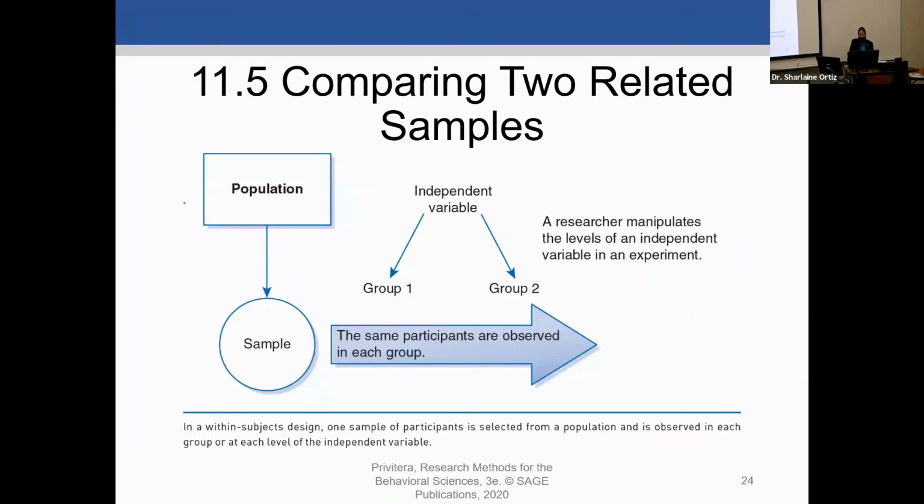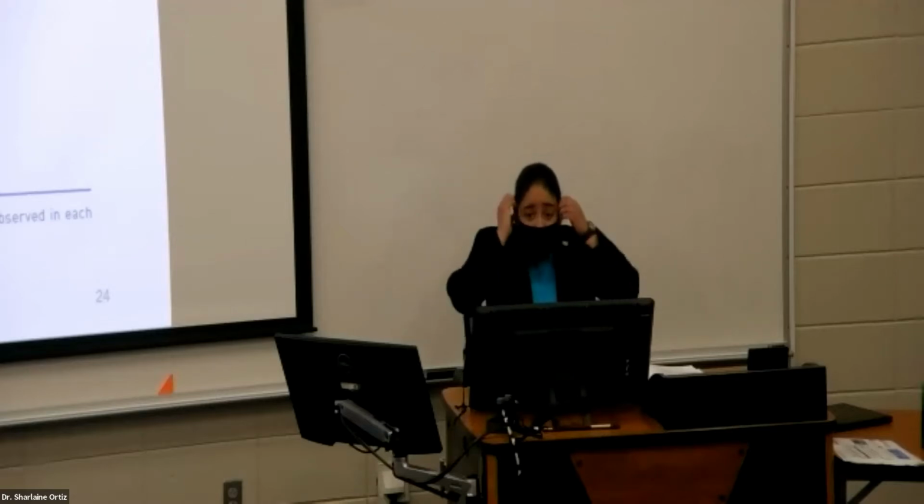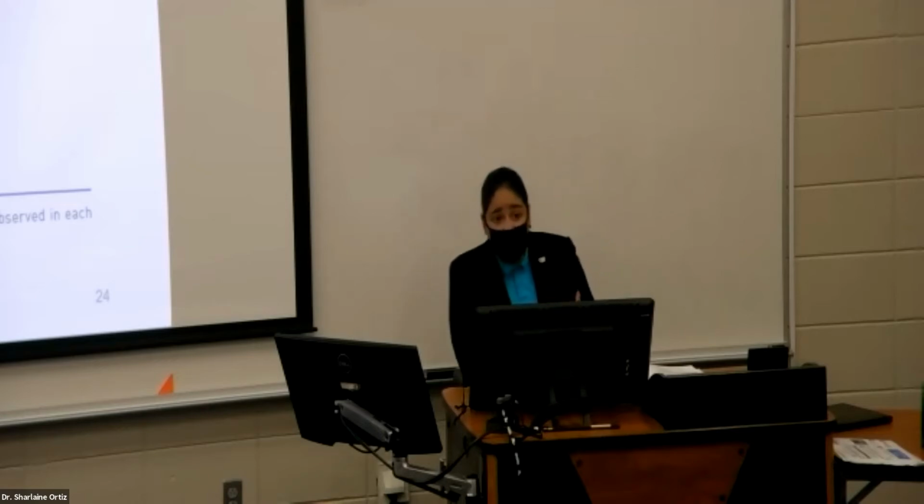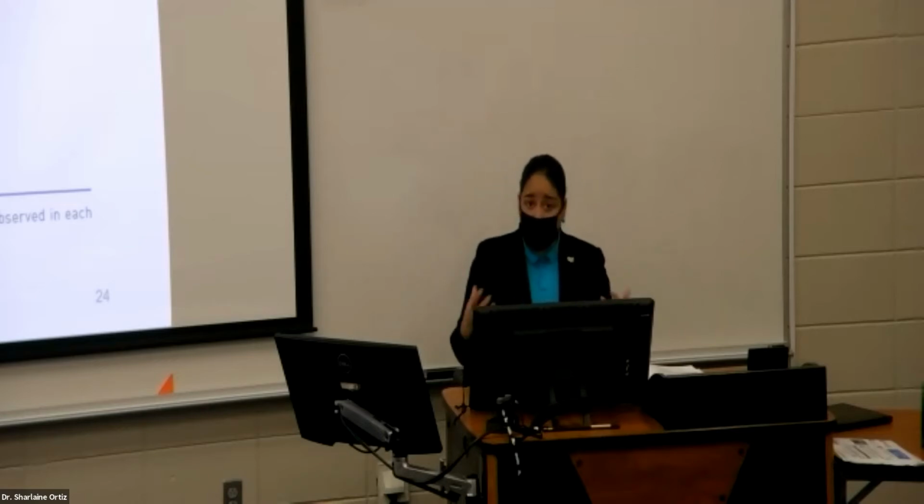One of the first things that we would do as researchers is identify and find that specific population that you're interested in. Many individuals are interested in, for example, people who have psychopathology, individuals who have mental illness, or specific populations serving underrepresented groups.